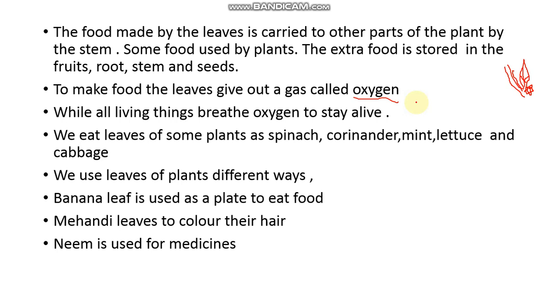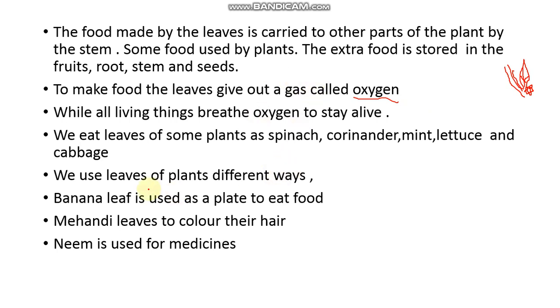That is the main concept you should keep in mind, students. Oxygen plays an important role in our life. If a plant is there, the plant will give out oxygen. It absorbs the carbon dioxide.